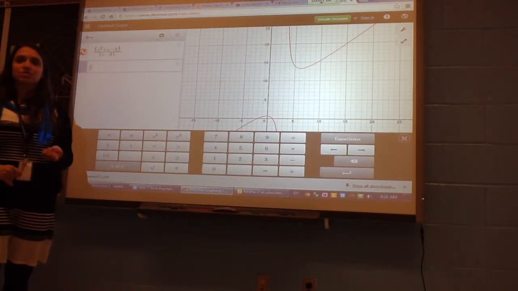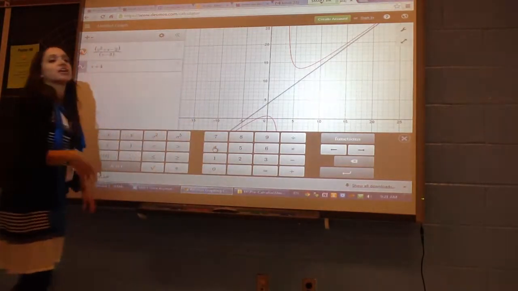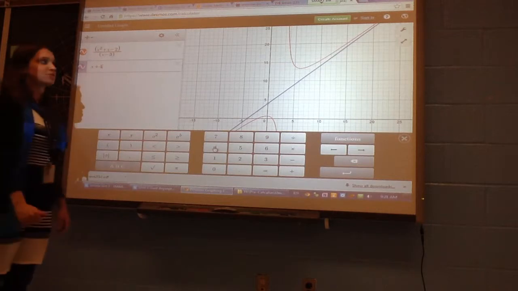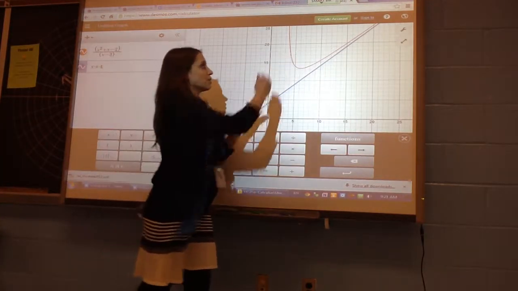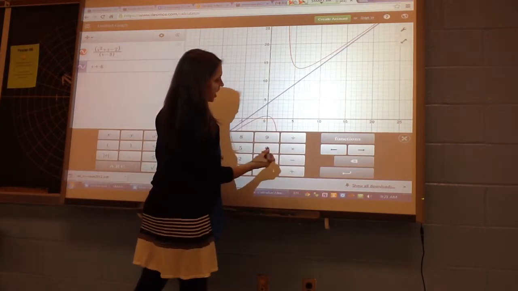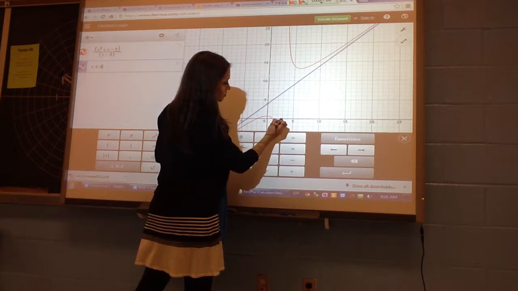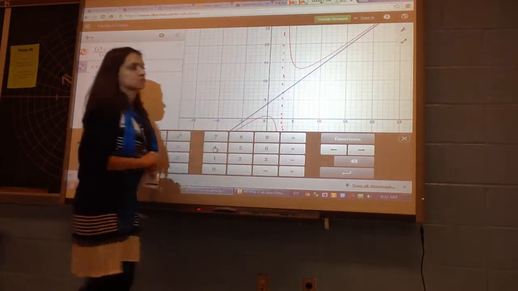What was our slant asymptote? X plus 4. I thought it was oblique. It's the same thing. Oblique and slant means the same thing. So you see when I put in this slant, my graph starts to follow it. And then remember, I had a vertical at x equals 3, which is right there. Okay?